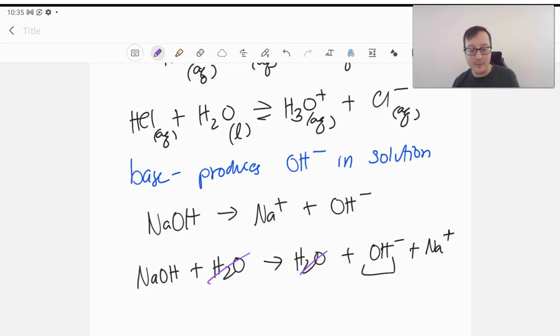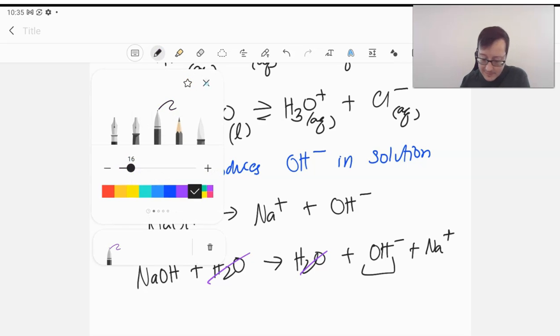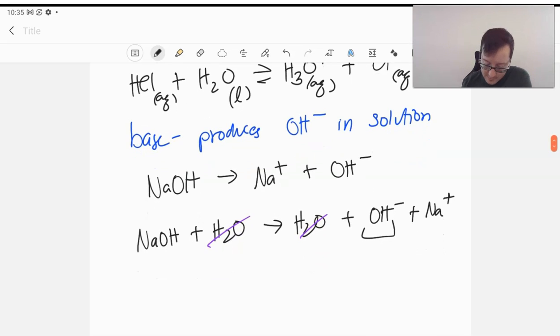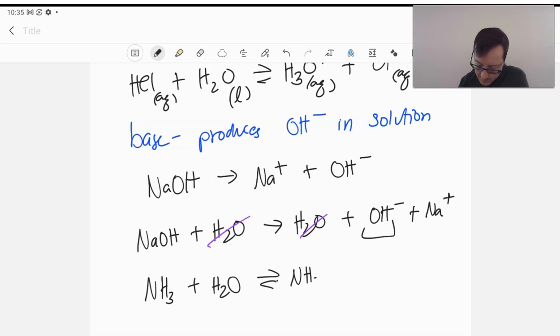So go figure. But the point is, again, we have that OH minus. And while it may be super easy to see with something like NaOH, other things that may not obviously have an NaOH can produce OH minus as well. For example, if we put ammonia with water, we see that it produces the ammonium ion and hydroxide.